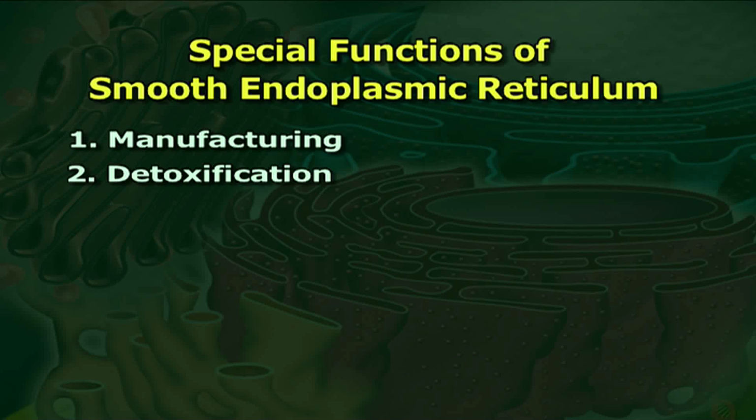Another function of SER is lipid synthesis. In addition to its activities in the processing of secreted and membrane proteins, the ER is the major site at which membrane lipids are synthesized in eukaryotic cells.